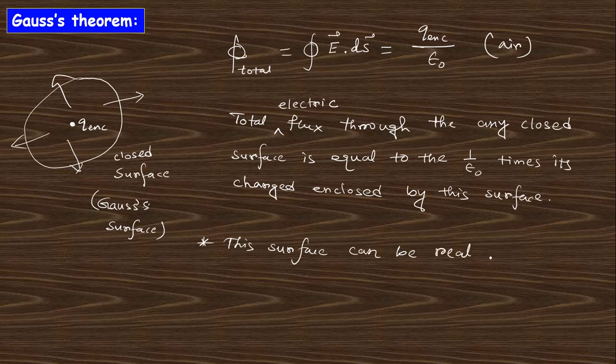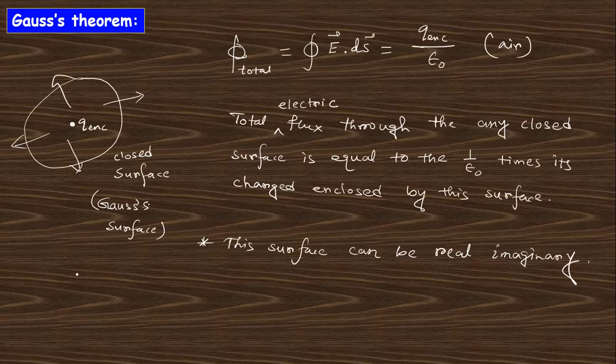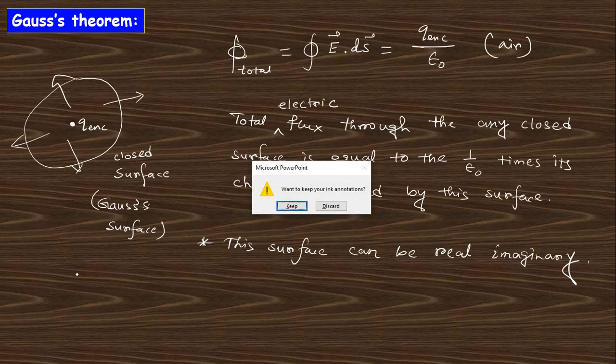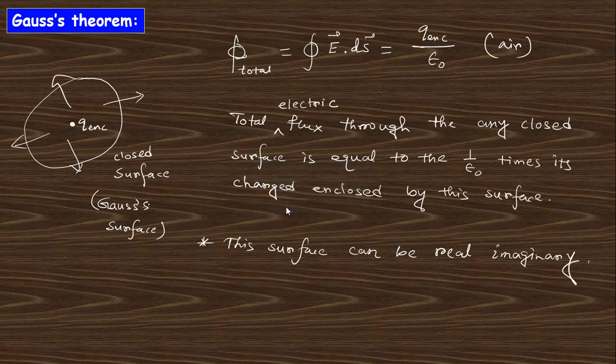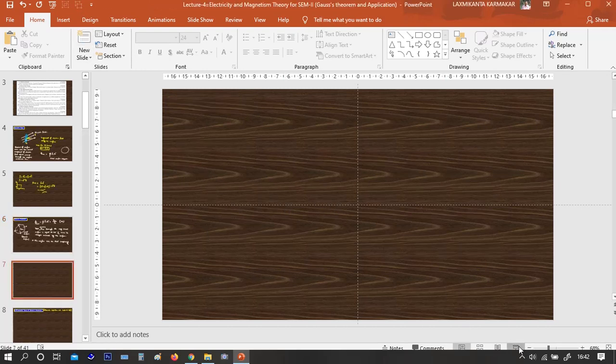So this is the Gauss theorem. Using this Gauss theorem, we can find out electric field very easily. Using this Gauss surface, we can find out electric field very easily. How? I want to give you some examples. For example, there is a cube.